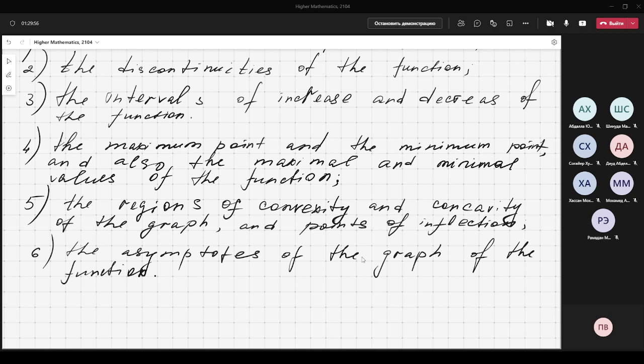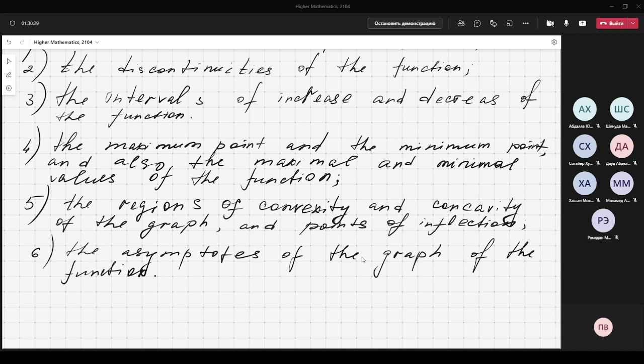Since a knowledge of certain properties of a function allows us to judge of the other properties, it is sometimes advisable to choose the order of investigation on the basis of the specific peculiarities of the given function.